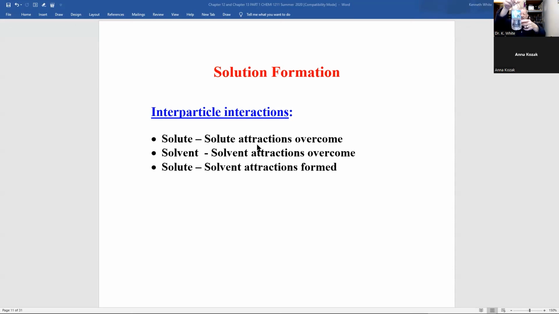They're all together. And there are interactions holding the water molecules together. And when you mix the two together, you have to break those interactions to form new ones between the water and the sugar molecules. And that's what happens when you form a solution.